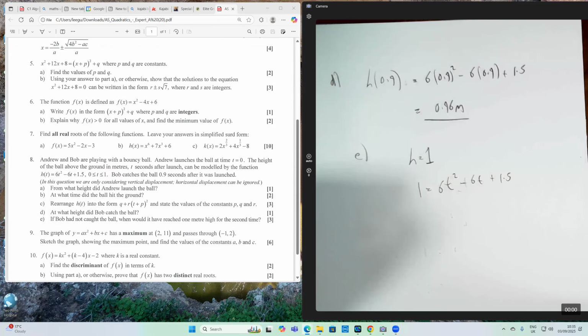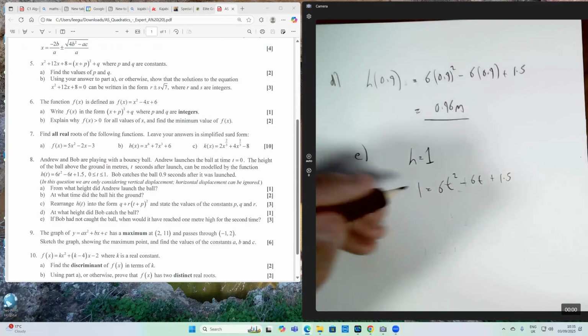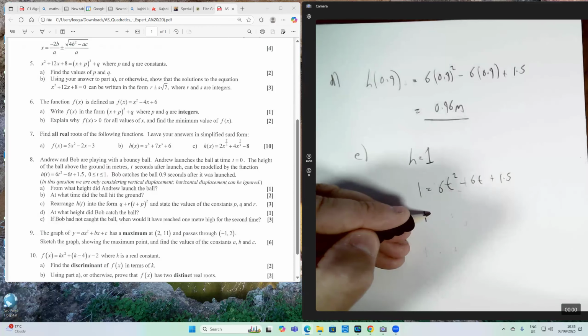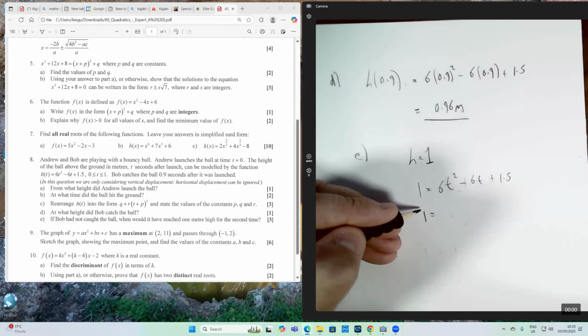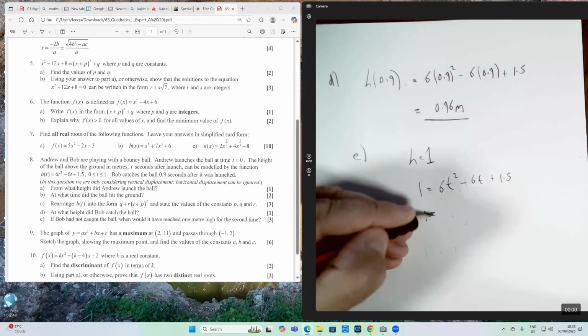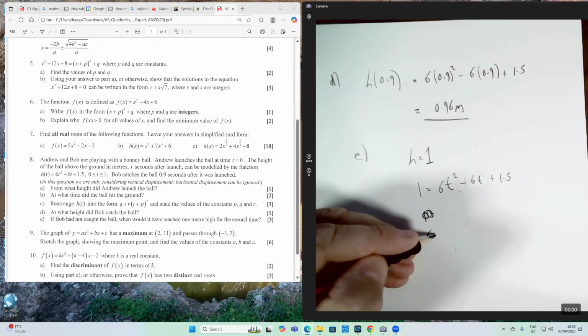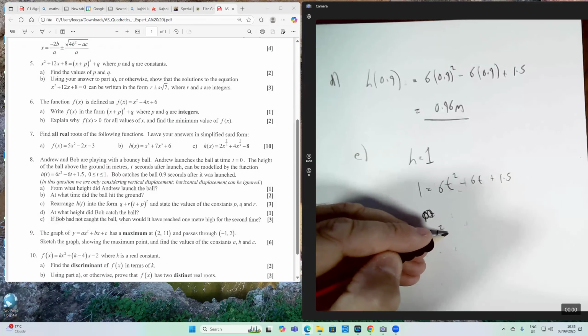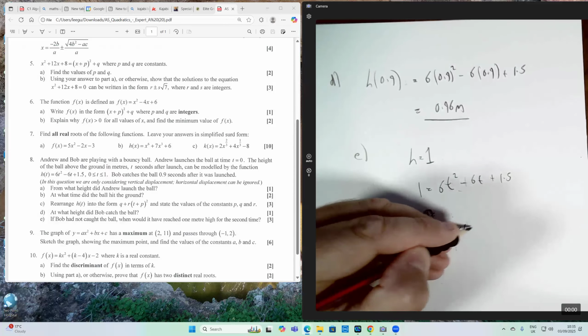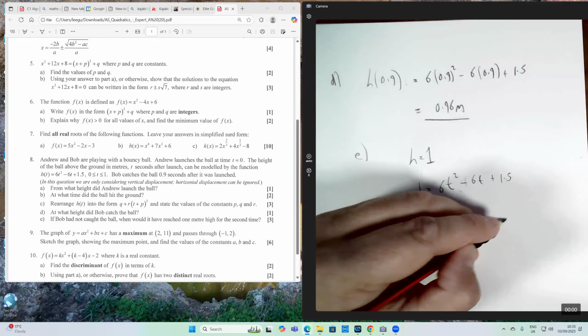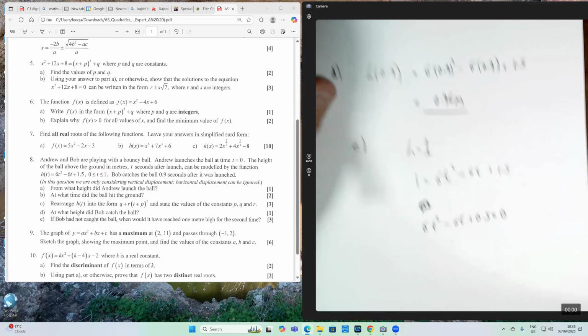Okay, so let's solve that now. That's going to give us that 1 is equal to, we're going to take that over to the other side. That's going to give us 6t squared minus 6t plus 0.5 equals 0. And we're now going to solve that.